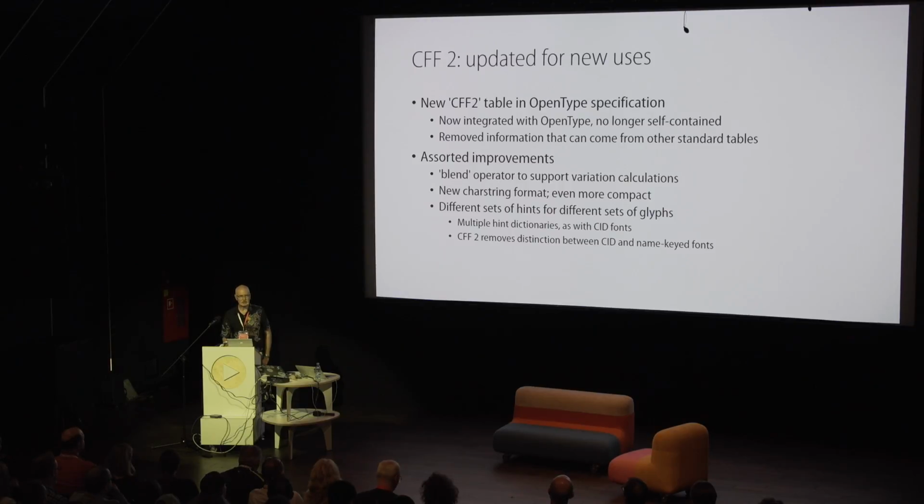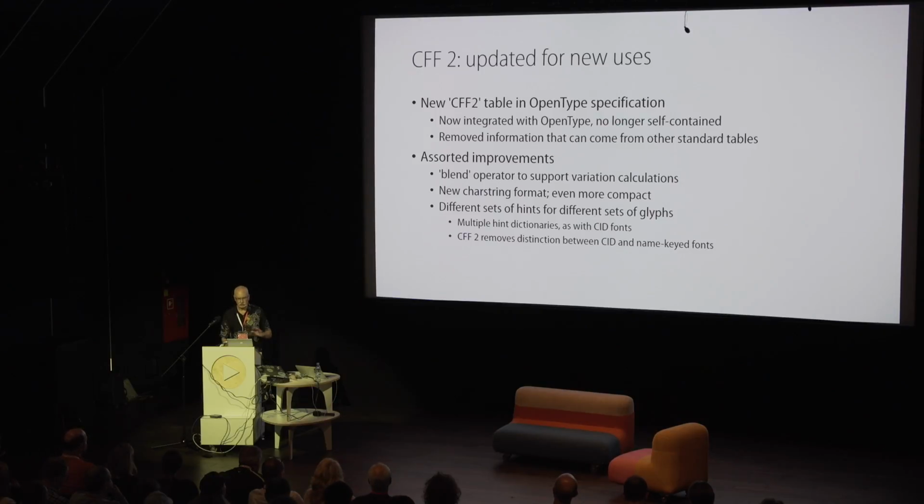We introduced another benefit. Some of you are familiar with our CID font format that we've generally used for our East Asian fonts. One of the benefits of CID was that it allowed you to hint different sets of glyphs with different sets of hints.